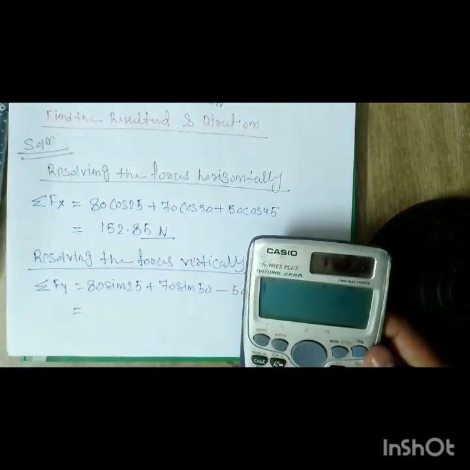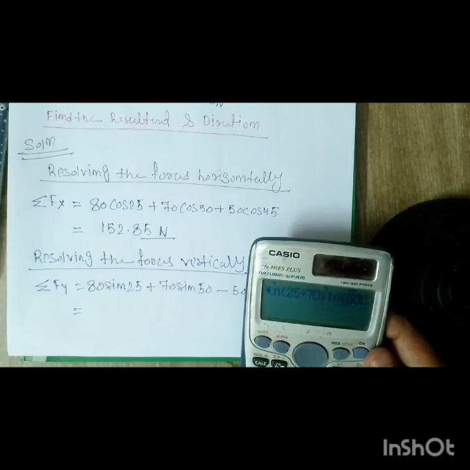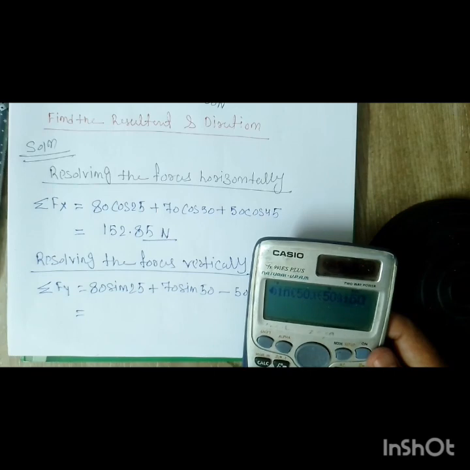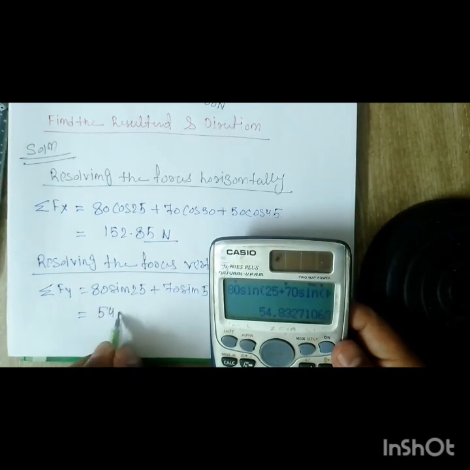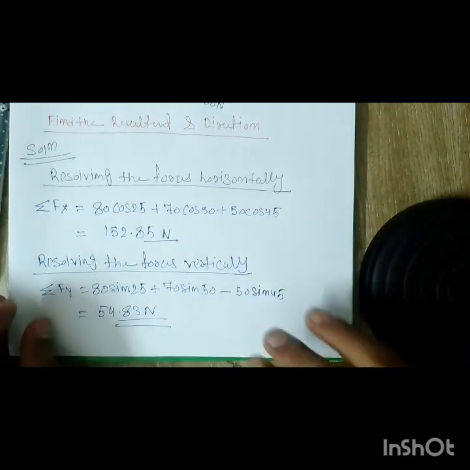And 80 sin 25 plus 70 sin 50 minus 50 sin 45 will be 54.83 Newton. So this is the summation of Fx and summation of Fy that we got.